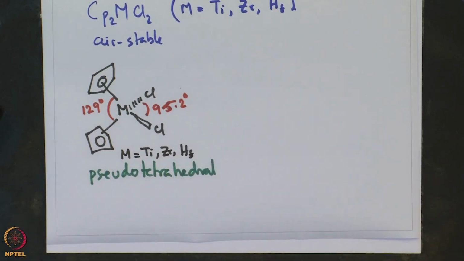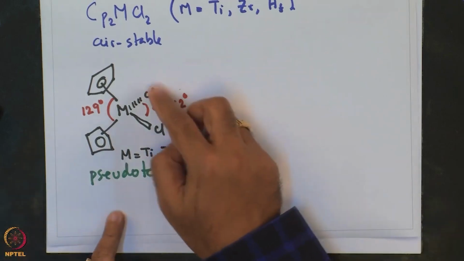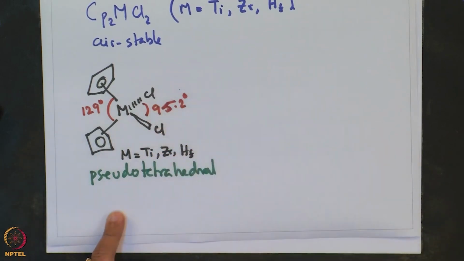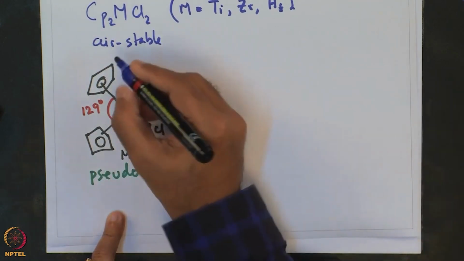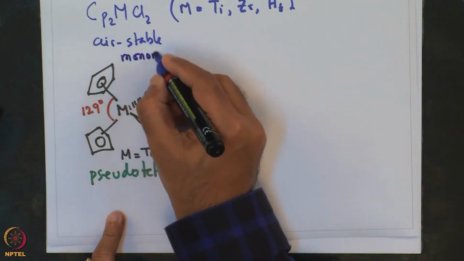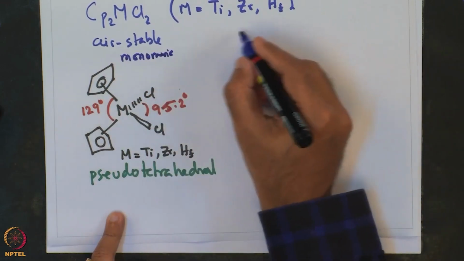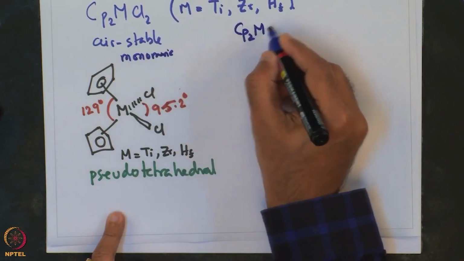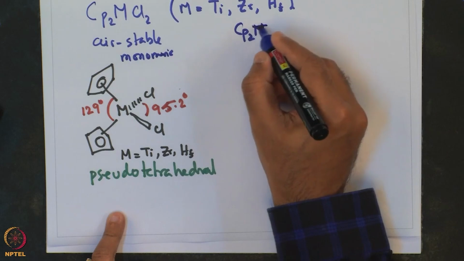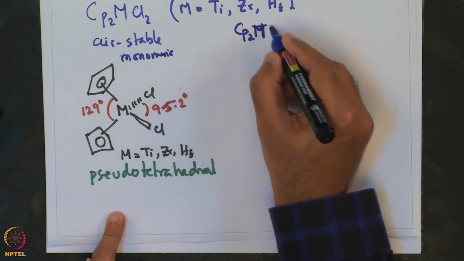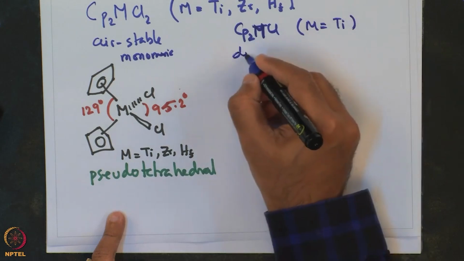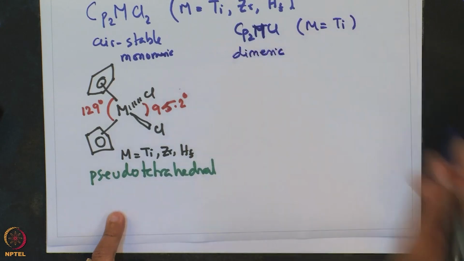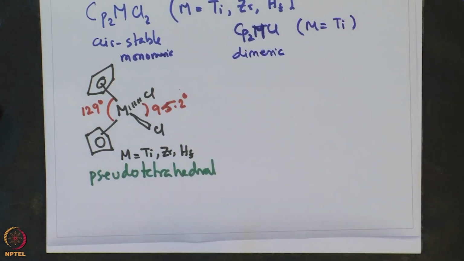So, what we see is that even though the dihalide Cp2MCl2 is monomeric, Cp2MCl, where M equals titanium, is however dimeric. Let me just illustrate this.